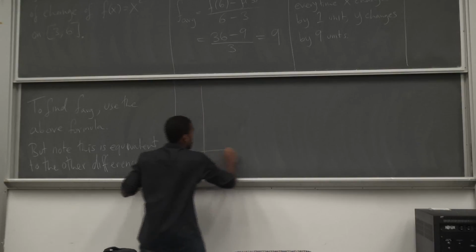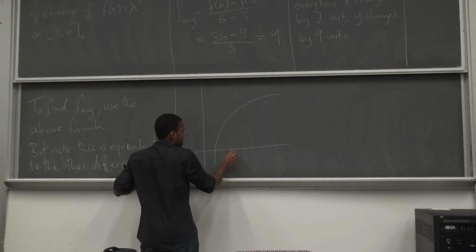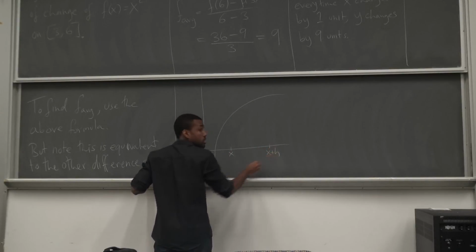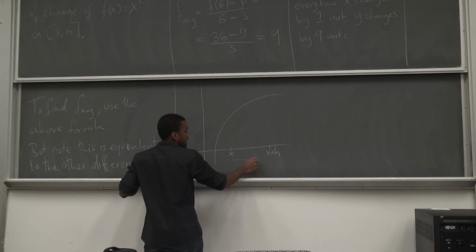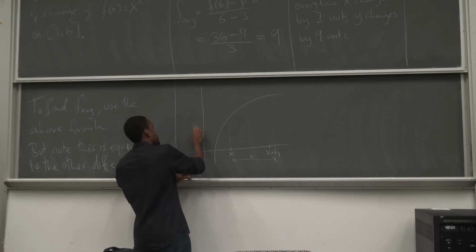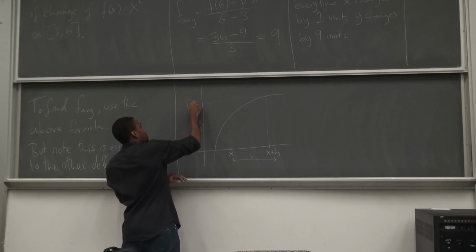So instead of calling this a and b, I can call this x, and then call this other point x plus h, right? Where h is just measuring the distance between these two. So the first point is x, the next point is x plus h, which means this would give me f of x, this would give me f of x plus h.